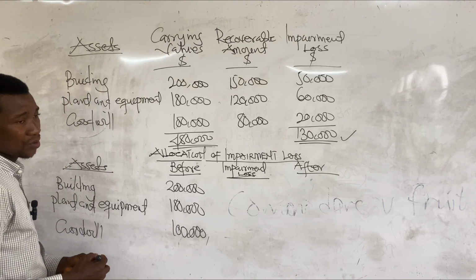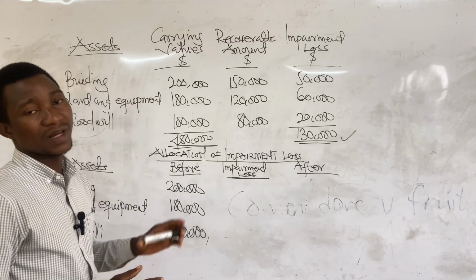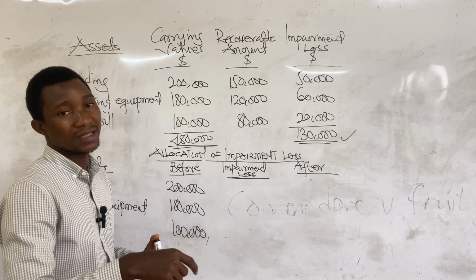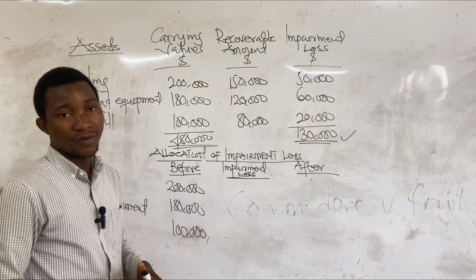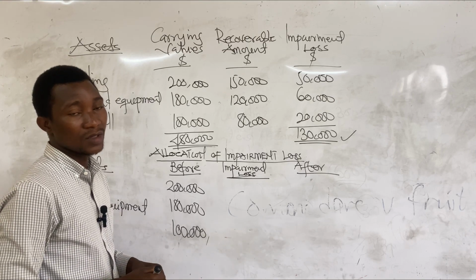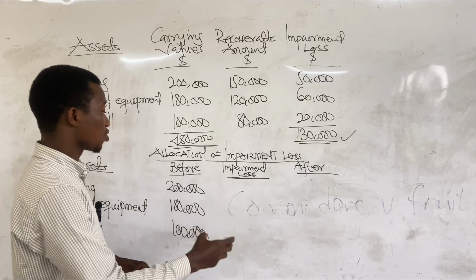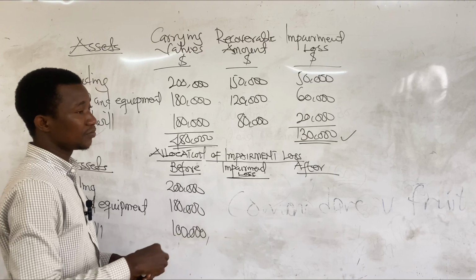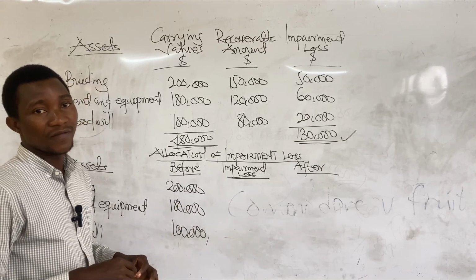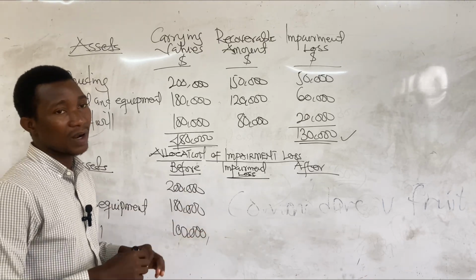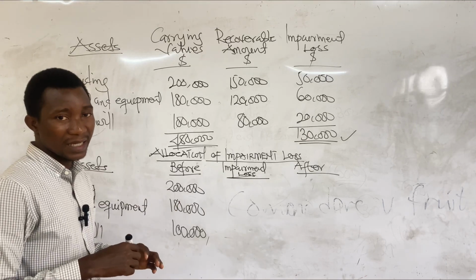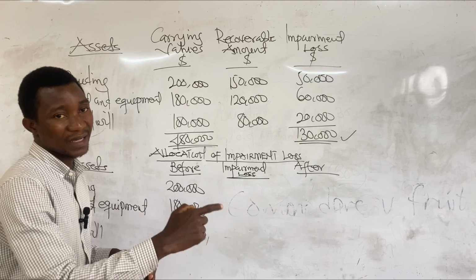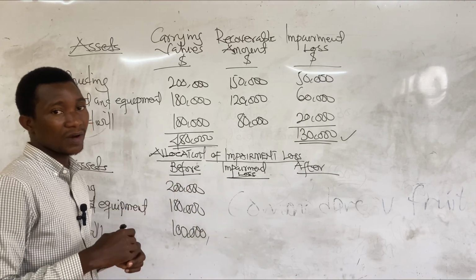Okay, you see that the objective of this standard says that an asset should not be recognized above its recoverable amount. Is that okay? So impairment loss will be subtracted from the initial carrying value to get the closing carrying value or the exact recoverable amount that will be recognized in the statement of financial position, because we don't want to recognize the asset above its recoverable amount.